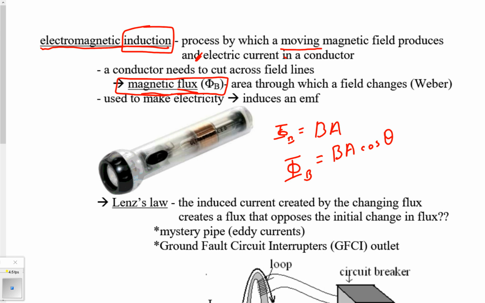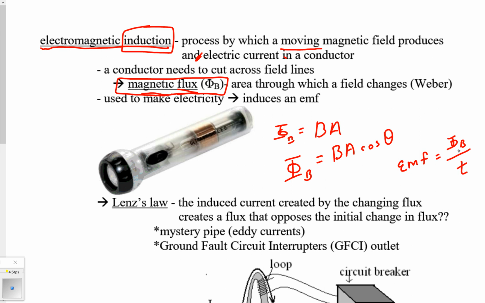If you were in physics, that's exactly what we would do. But the cool thing is, and we call this an EMF, this induced electricity is equal to the change in the flux over time.